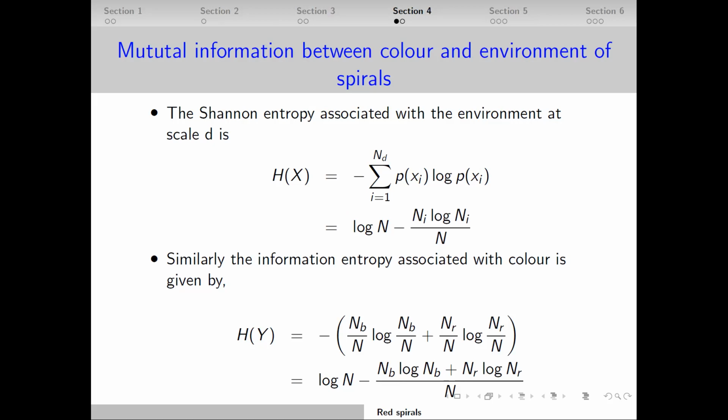The simplified form of Hx is also shown, where capital N represents the total number of red and blue spirals considered in the cubic region, and Ni represents the number of galaxies in the ith cubic voxel. Similarly, the information entropy associated with color is given by the form of Hy, where Nb and Nr represent the number of blue and red spirals present in the extracted cubic region.